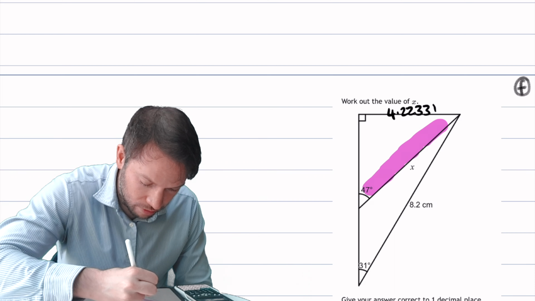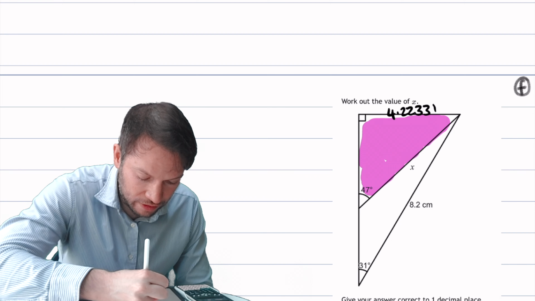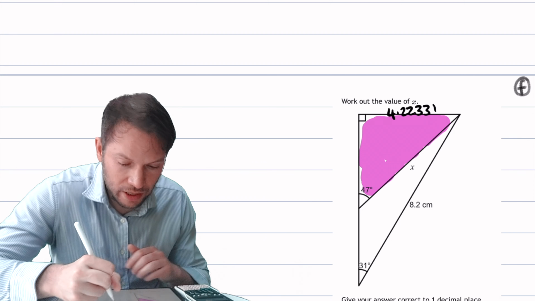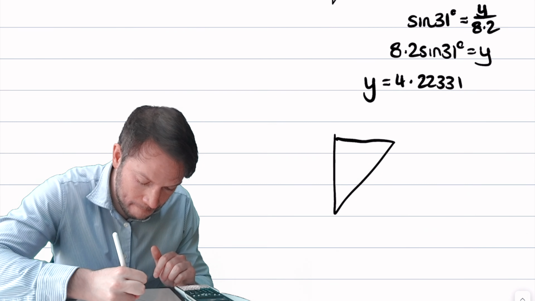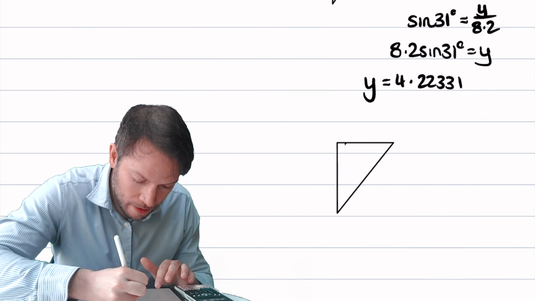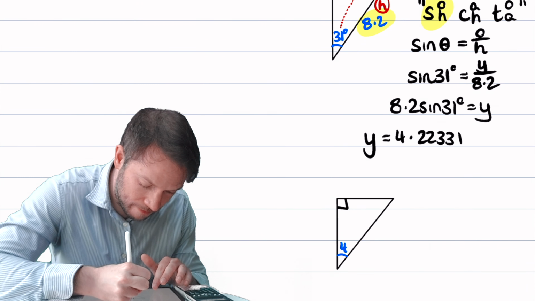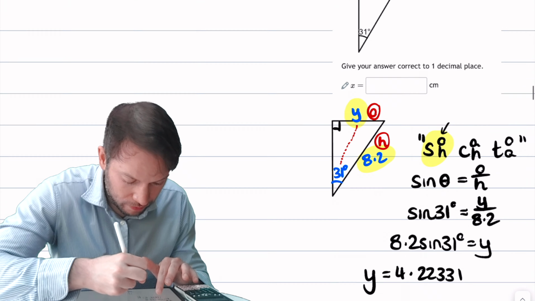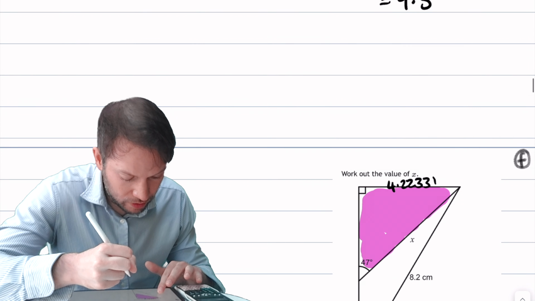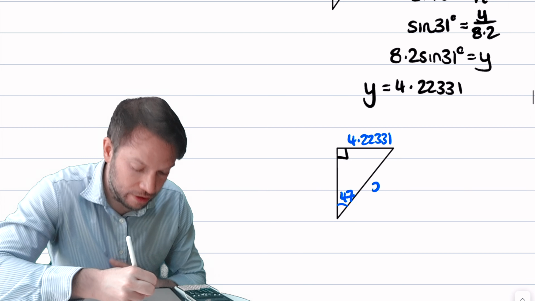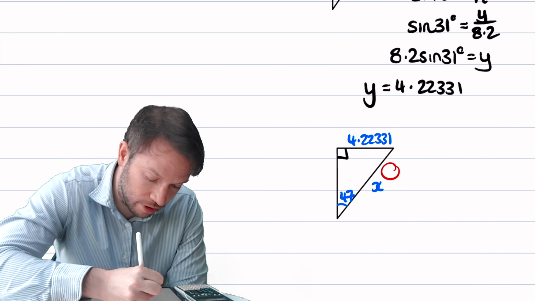So this smaller triangle here. And we can see that we've got that side length of x that we're trying to work out. So let's draw this triangle now. So we've got the 47, this is the angle of interest at the bottom. And then we've got the 4.22331 at the top. And then we've got the hypotenuse as the x here. So again, let's label the sides. Well, the x is the hypotenuse of this triangle, the longest side.